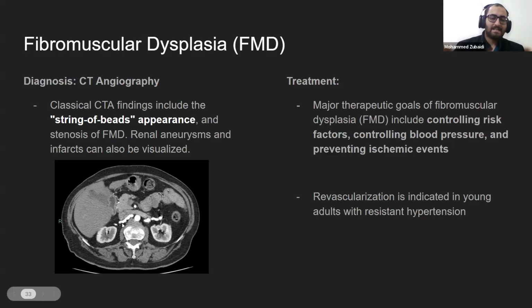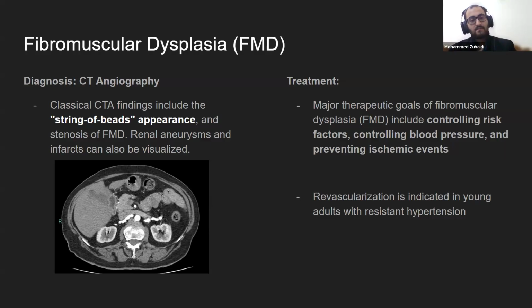Fibromuscular dysplasia has a further classification. It is more a pathological classification than a clinical one. It's based on which part of the vessel wall is affected by the fibrosis. Is it the intima, is it the media, or is it the adventitia? The most common is medial fibromuscular dysplasia, causing a string of beads.